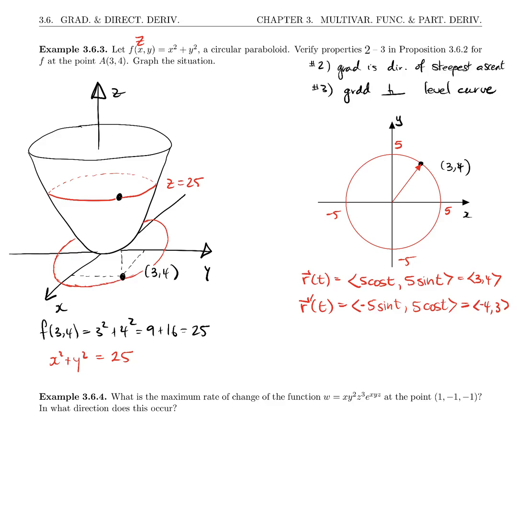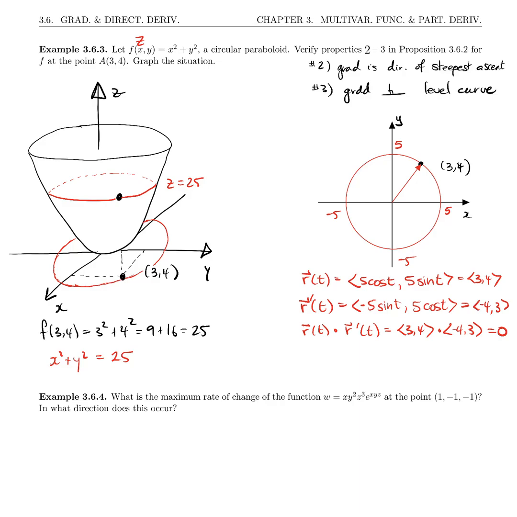And if we look at the dot product of r of t dotted with r prime of t, so (3, 4) dotted with (minus 4, 3), 12 minus 12, we get 0. The tangent vector is perpendicular to the radial vector. So the direction of the curve is a perpendicular direction.